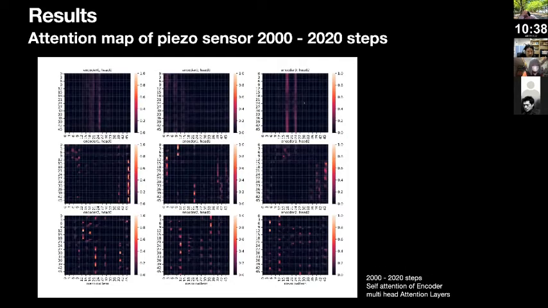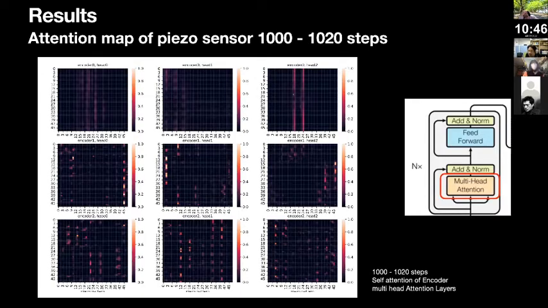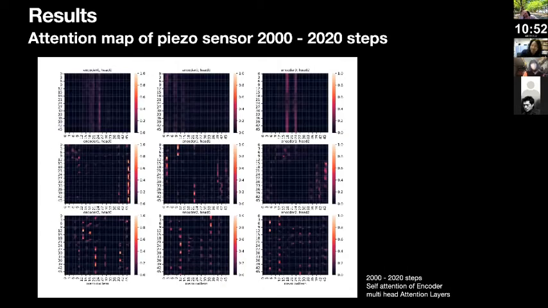And at a different timing, we can find the same piezo value getting attention, the same axis here, maybe. So we think inferring body movement is an important part of the body.